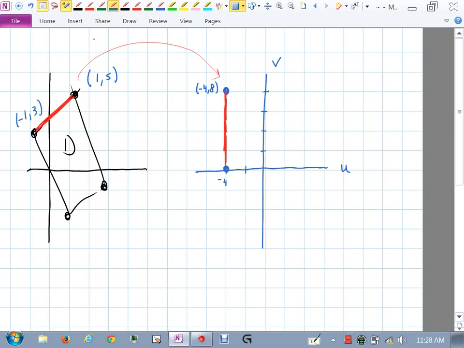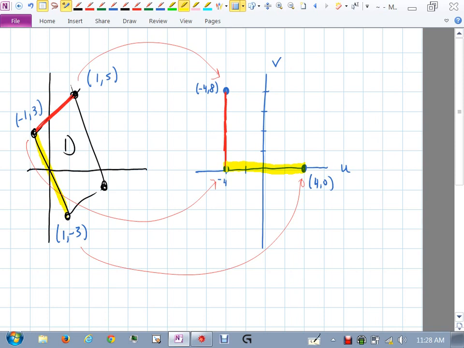So where did the point (1, -3) go? (4, 0). Okay, so that went to (4, 0) here. So the line connecting those two, I'll highlight this right here, should be the same as the line connecting across like this.